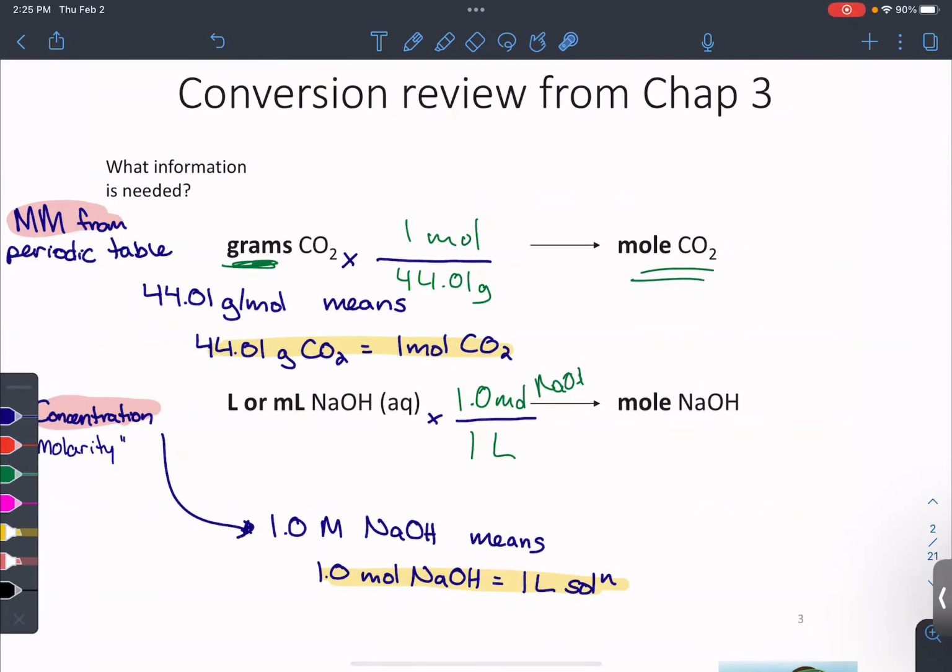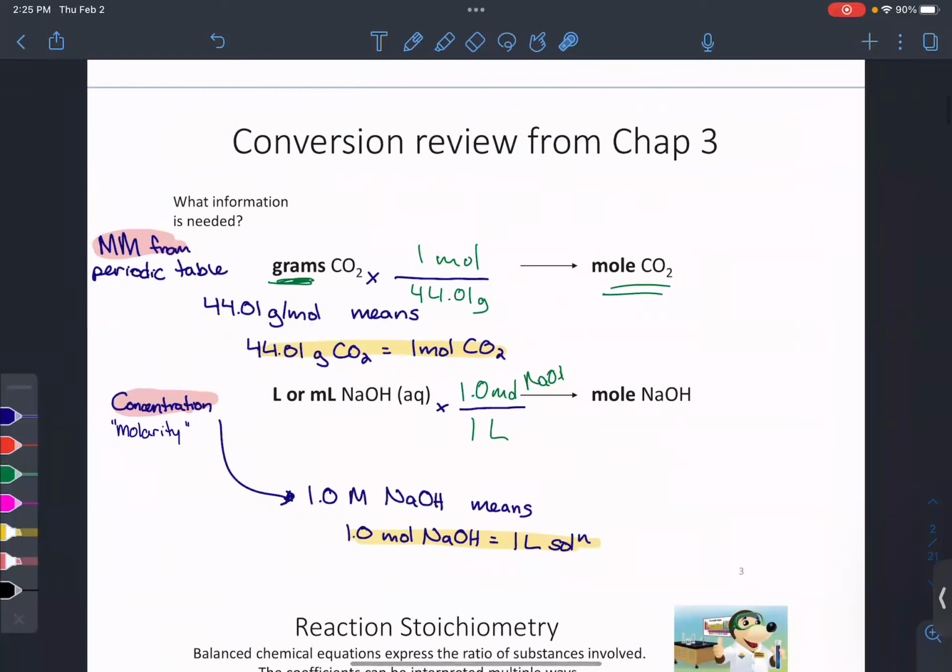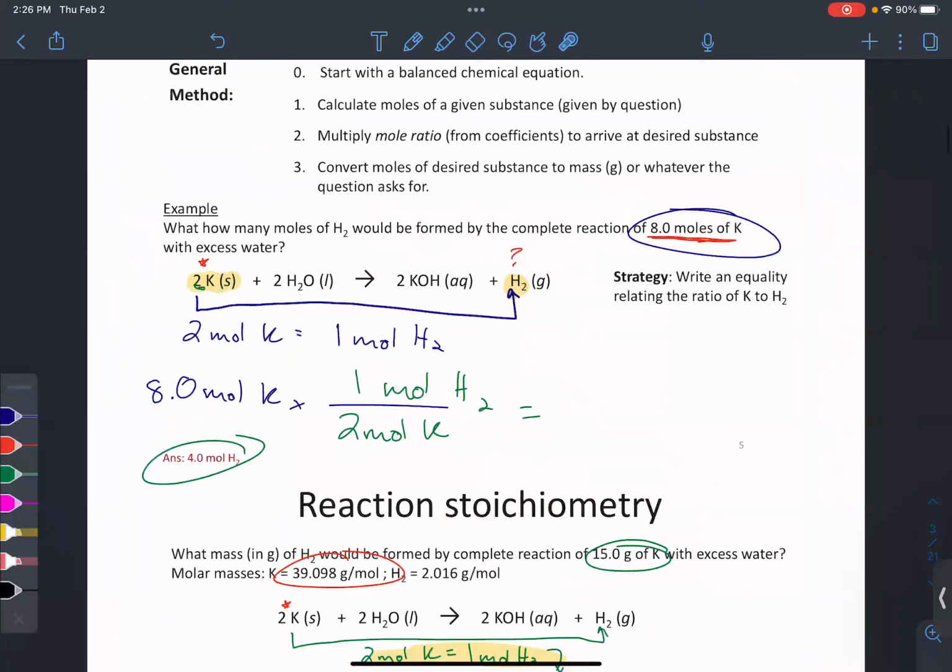We used molar mass from the periodic table, or concentration given, to convert measurable things like grams or milliliters to mole amounts. We used stoichiometry, meaning balanced chemical equations, to go from one substance to another using the coefficients, but we have to be in the unit of moles.